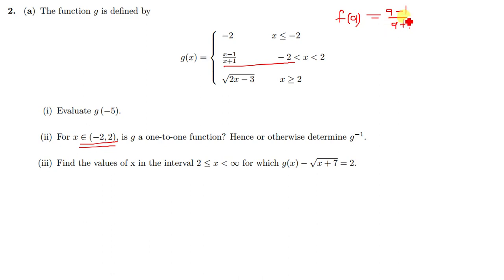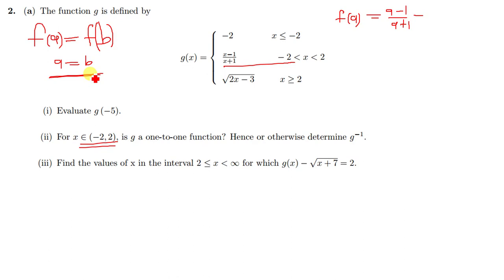For a function to be a one-to-one function, if f of a is equal to f of b, then a should always be equal to b. This is what we're supposed to get.